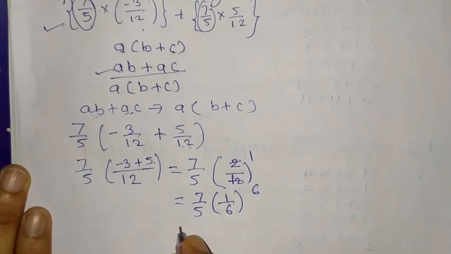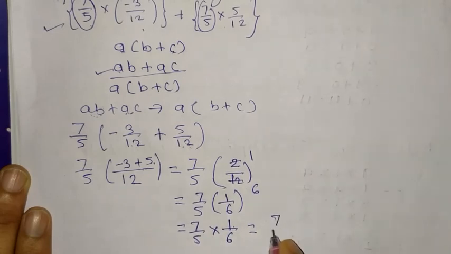Got it? Then 7 by 5 into 1 by 6. So what will be the answer? 7 into 1 is 7, 6 into 5 is 30. So our answer is finally 7 by 30.